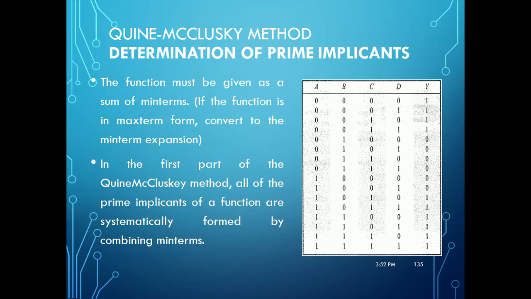In the first part of the Quine-McCluskey method, all of the prime implicants of the function are systematically formed by combining the min terms. So here you can see there are certain min terms.